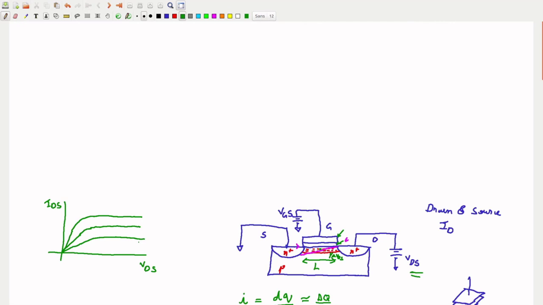Now if we still keep on increasing VDS, the pinching off becomes more prominent, which causes the early effect, because there is a slight increase in current which can be plotted back. If you remember the BJT, we have an early voltage.